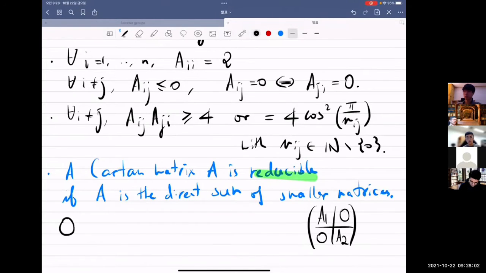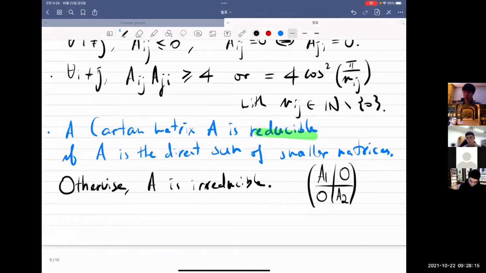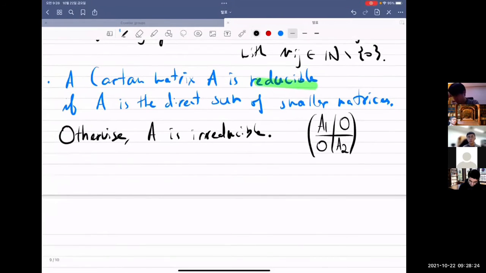Otherwise, we call A irreducible. Okay. So as you guessed, we are focused on this irreducible Cartan matrix, right? Because a reducible one is exactly the direct sum of irreducible ones.